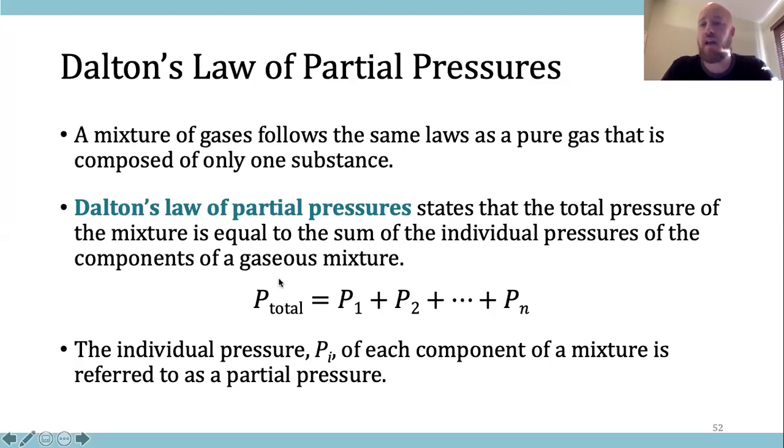It doesn't tell you the pressure of nitrogen in your tire, but if we wanted to calculate the pressure of nitrogen in the system, that would be a partial pressure of nitrogen within that system. Each component of the mixture, so if we have 7 or 8 gases, the sum of each one of the partial pressures of the system adds up to the total pressure of the system.